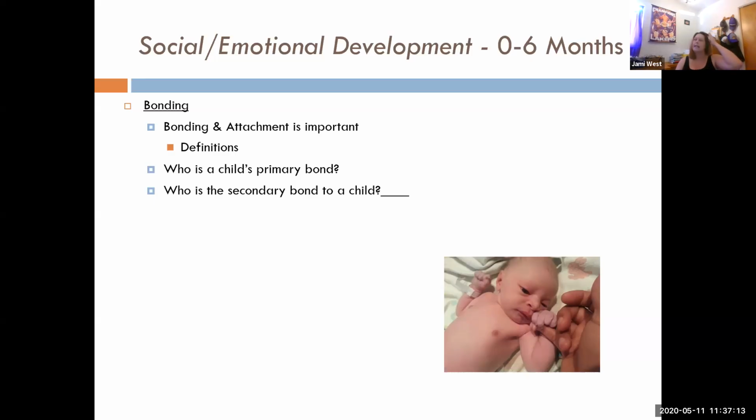So like I said, I cannot overstate how crucial it is for an infant to develop a bond and attachment. It is connected to all other healthy development in their future. And it is, like I said, the starting point in every relationship they'll have.